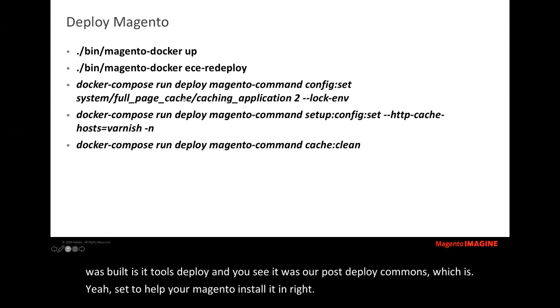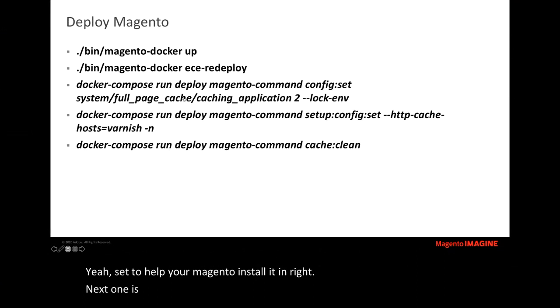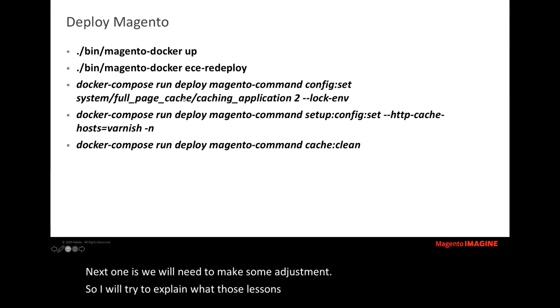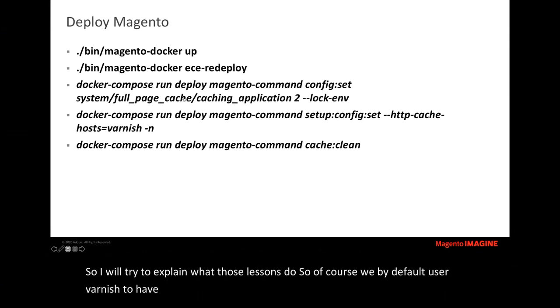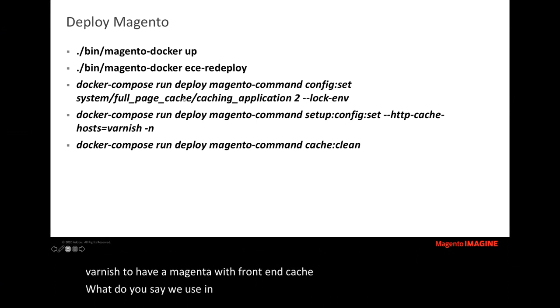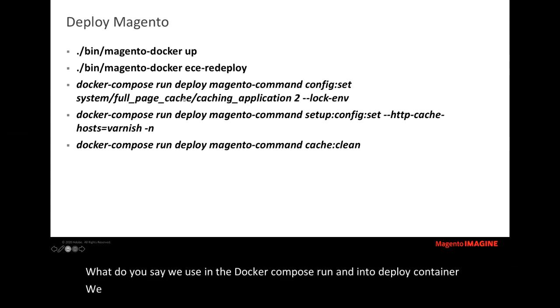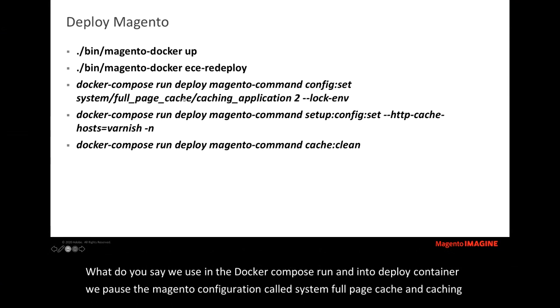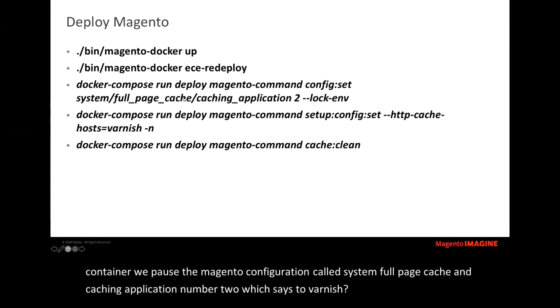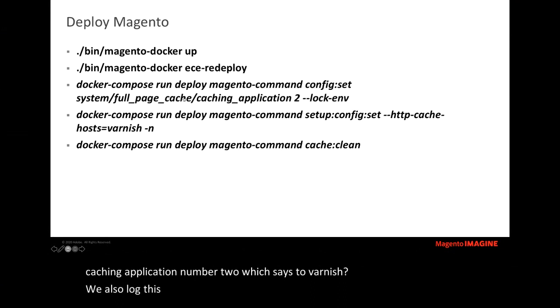Next, we will need to make some adjustments, and I will try to explain what those things do. By default we use Varnish to have Magento with front-end cache. So using docker compose run into the deploy container, we pass the Magento configuration system full page cache application 2, which sets it to Varnish. We also lock this configuration into the env.php file.